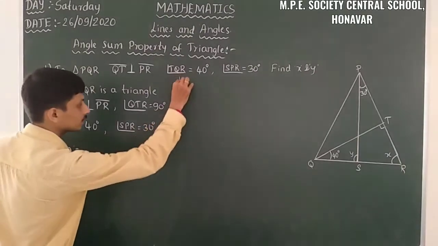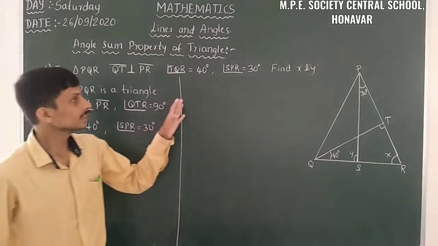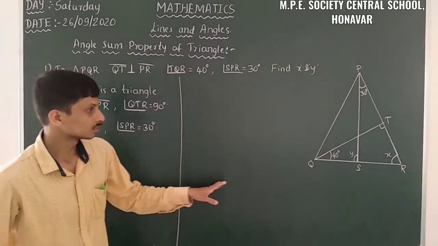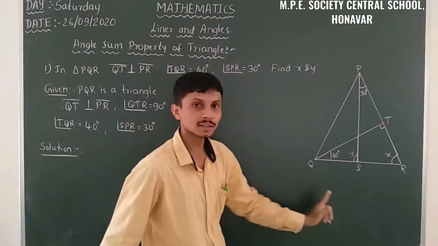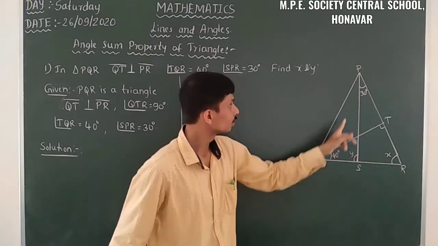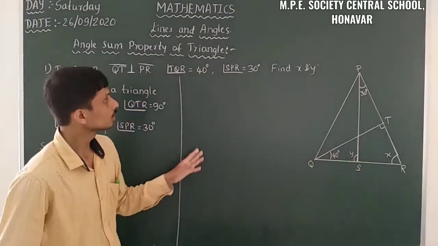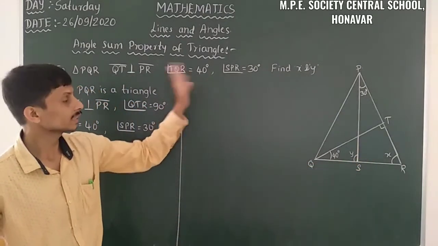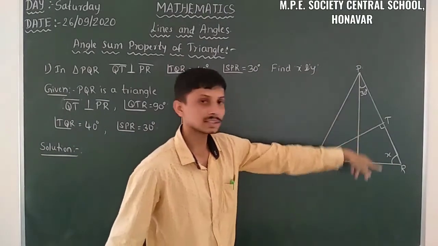I will divide this blackboard into two parts here. Firstly we want X. So just observe X. X is a part of this complete triangle PQR. So we have the sum of the values here. Just observe TQR is there and SPR is there.